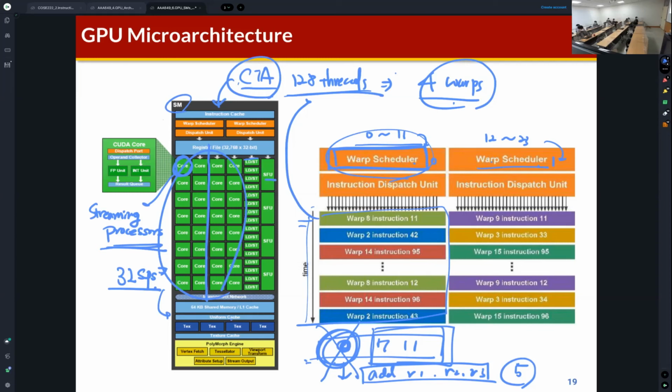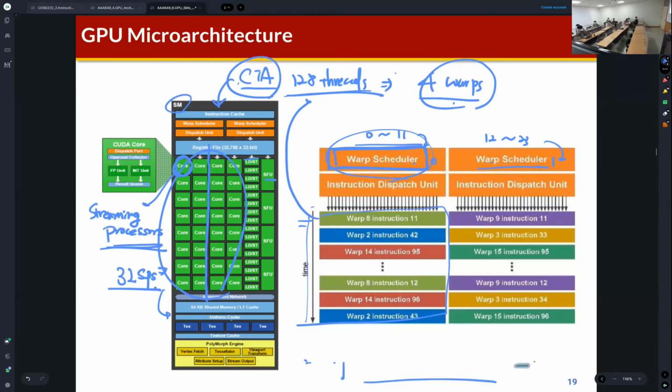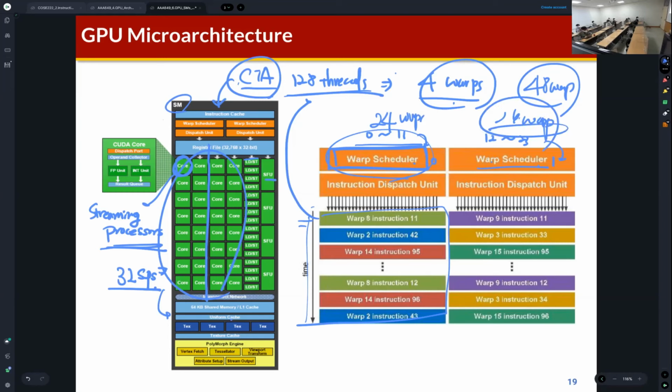The problem is if the latency is so long. I mentioned that the Fermi architecture can support up to 48 warps, which means that each warp scheduler can have up to 24 warps. So theoretically, this warp scheduler can hide up to 24 clock cycles of latency.